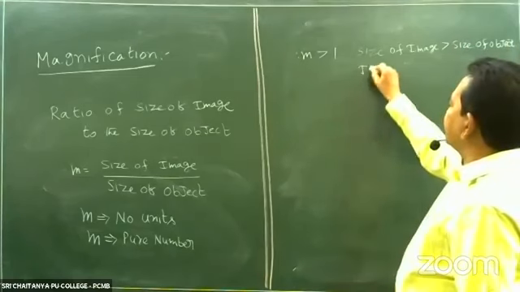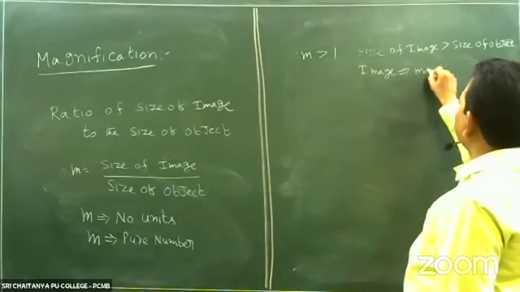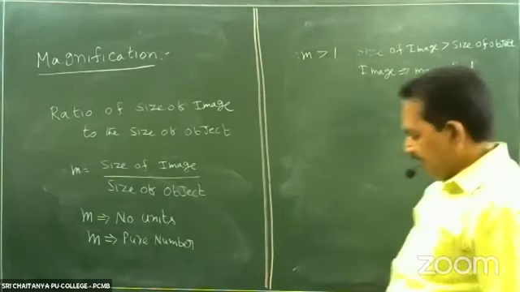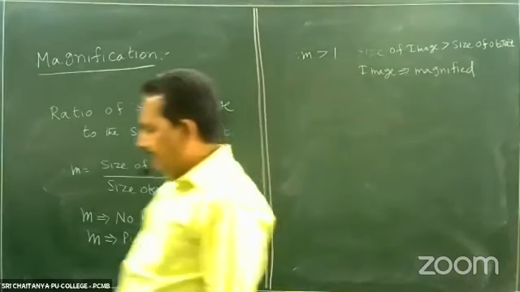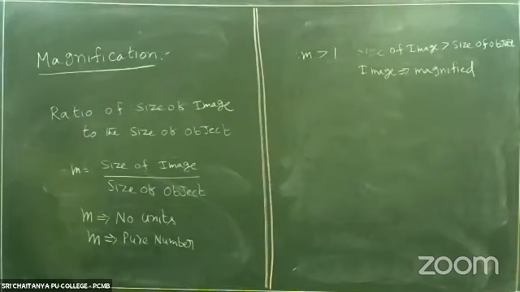Then the image is said to be magnified. When m value is greater than 1, size of image is greater than size of object, the image is said to be a magnified image.